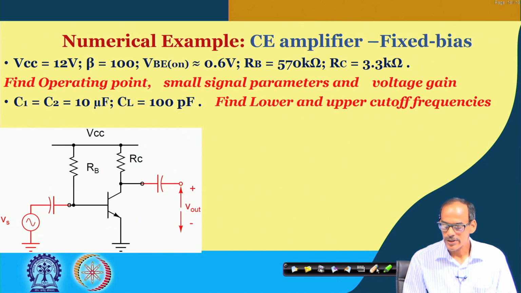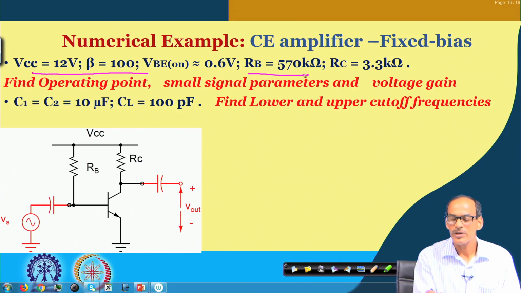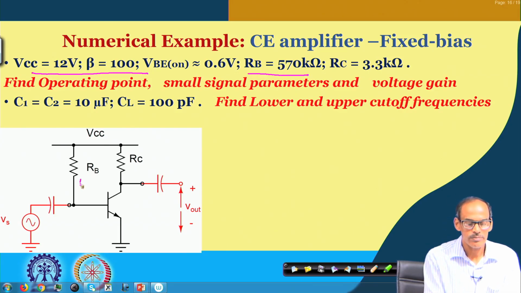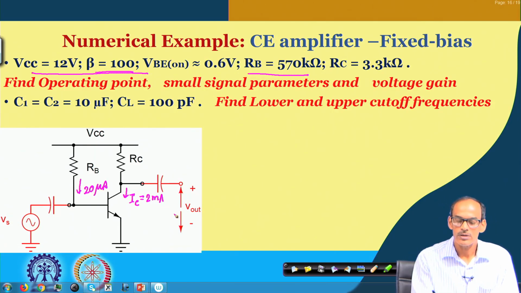So, again for this circuit we have done the mid frequency range analysis, namely by considering supply voltage and then RB, we obtain the base current, and then from the beta we obtain the collector current. You may recall that it was 2 milliampere current, or you can calculate here IB equals 20 microampere, and from that we obtain GM.